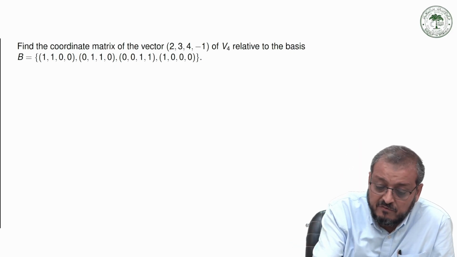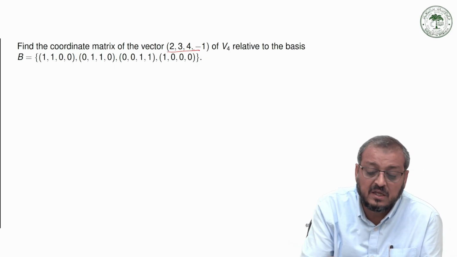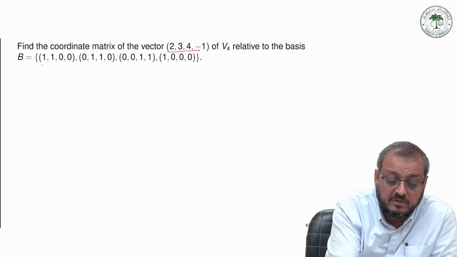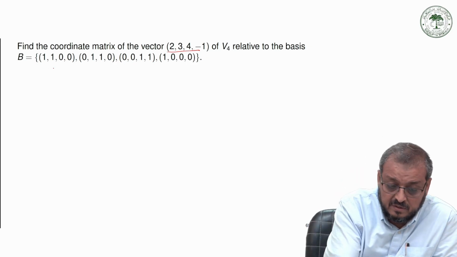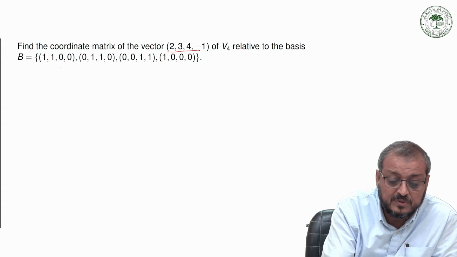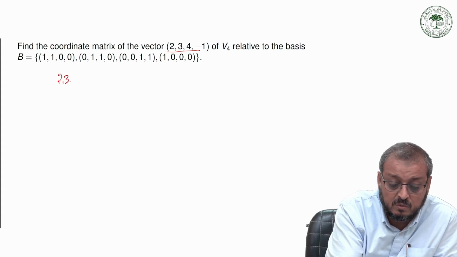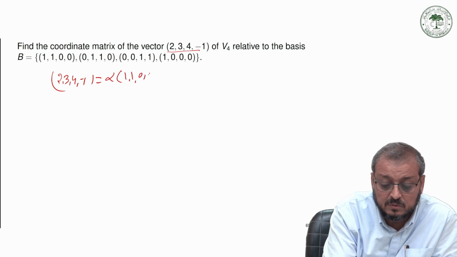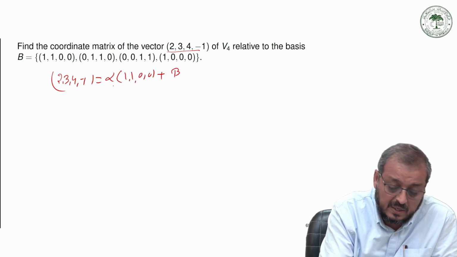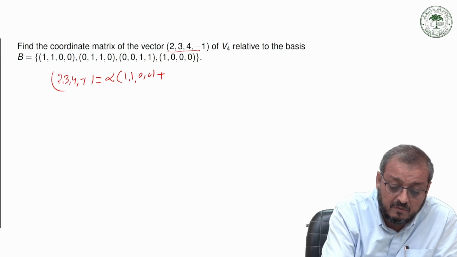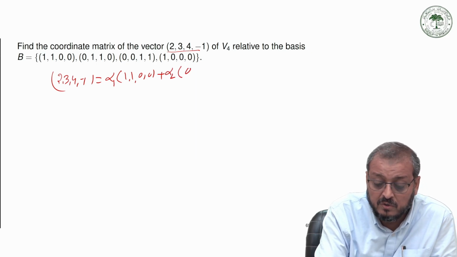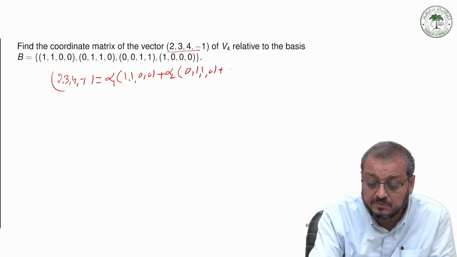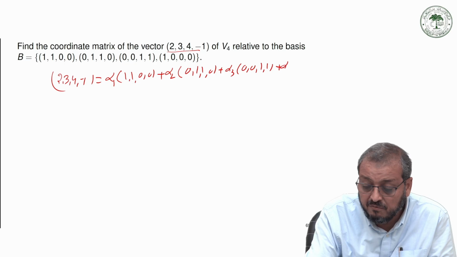Now I take this same vector as before, but I change the basis. I take a basis that is not the standard basis. So we can write (2, 3, 4, -1) in the form of alpha 1 times (1, 1, 0, 0), plus alpha 2 times (0, 1, 1, 0), plus alpha 3 times (0, 0, 1, 1), plus alpha 4 times (1, 0, 0, 0).